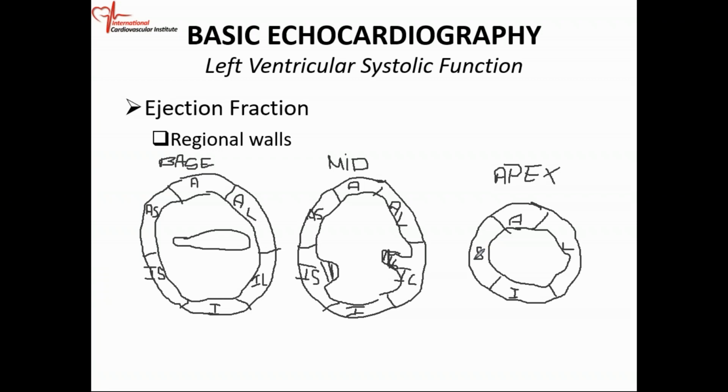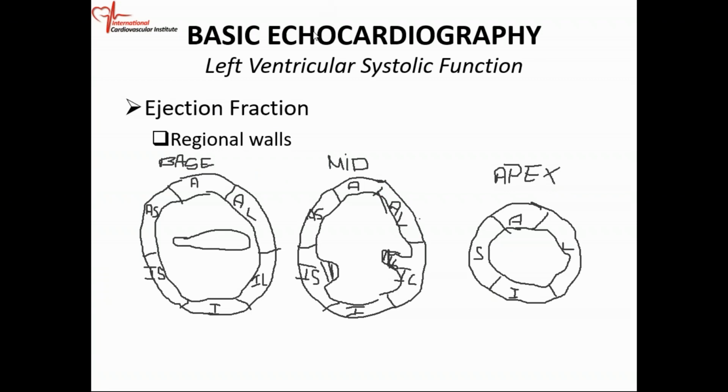So the apex only has 4 segments. But you can see this is 6 plus 6, 12, and 4. That's 16. So we usually talk about a 16 segment model. Okay. So at the apex, you have 4 segments. The mid cavitary, you have 6. And at the base, you have 6. Okay.